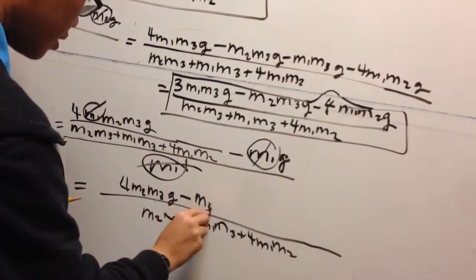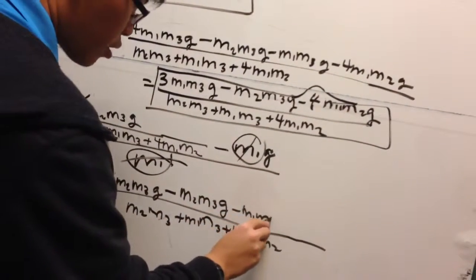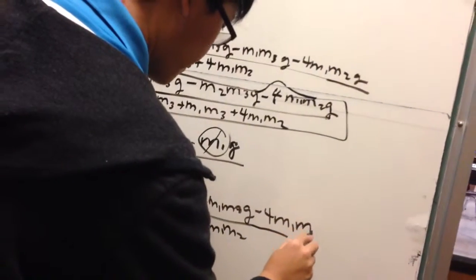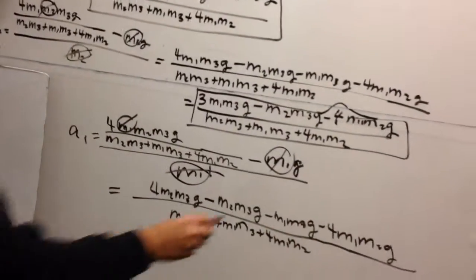Okay, 4 minus M2 M3 g minus M1 M3 g minus 4 M1 M2 g. Wow, that's long. Okay, so last step.